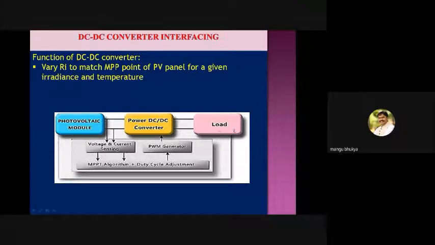So, that battery. The charge controller is related to the battery. We have to protect the battery from overcharge as well as over discharge. Telling the theory is very easy, but if you implement it practically, you have to handle all these issues in a critical manner.